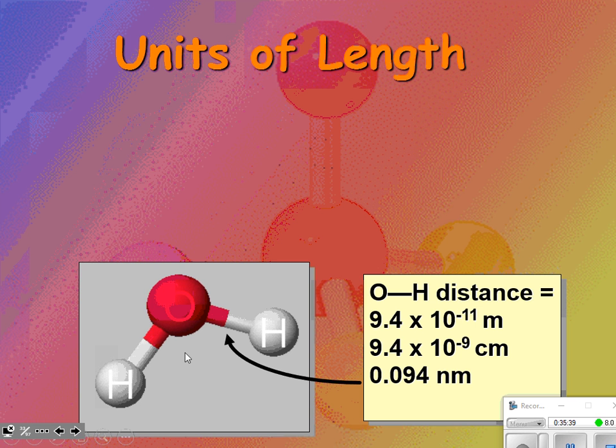We'll do this later on, but the distance between the oxygen and the hydrogen, the distance between the nucleus of those two elements, is 9.4 times 10 to the minus 11th meters.